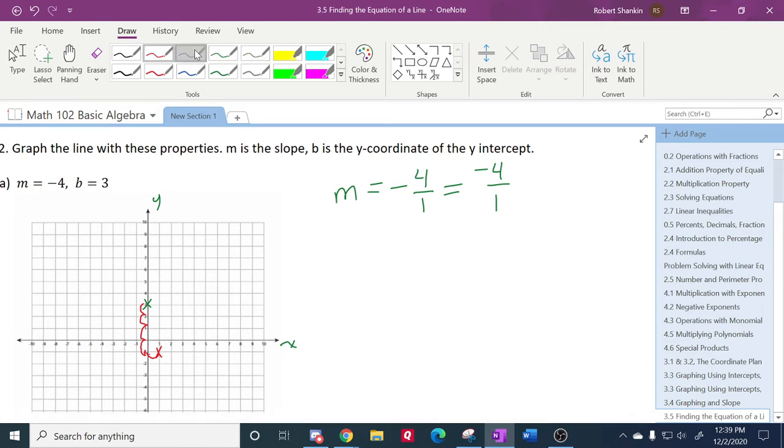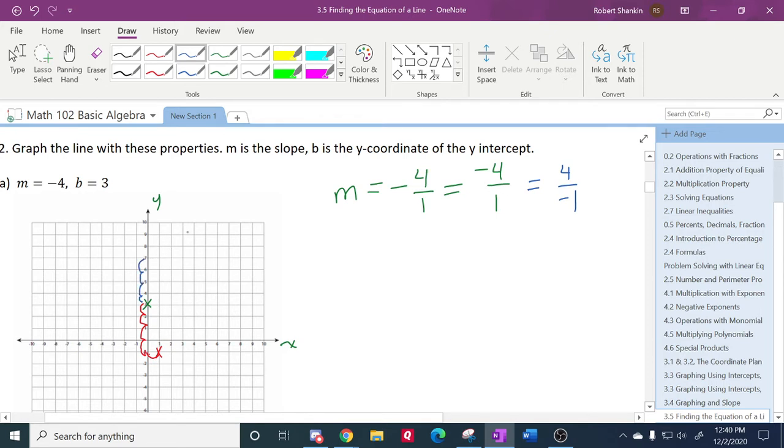Now, suppose instead of like that, I had put the negative with the bottom number. Then my rise would have been 4 from this y-intercept, 1, 2, 3, 4.